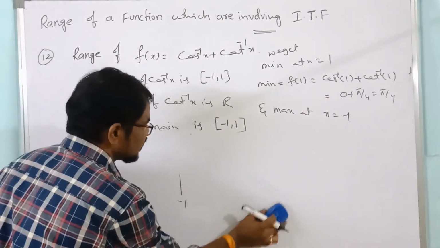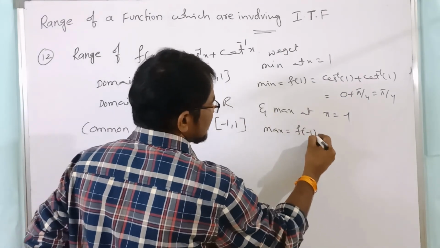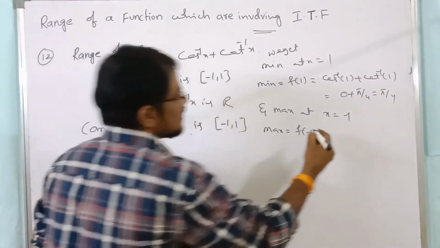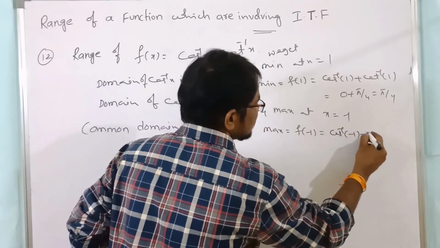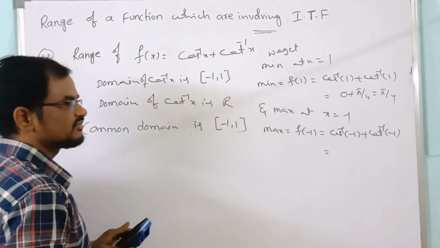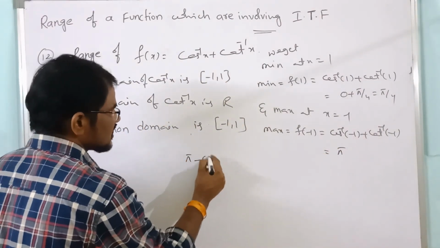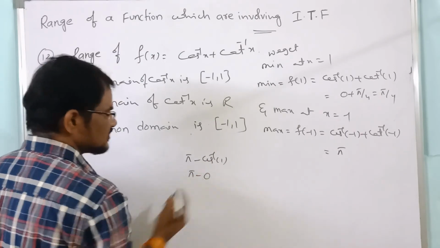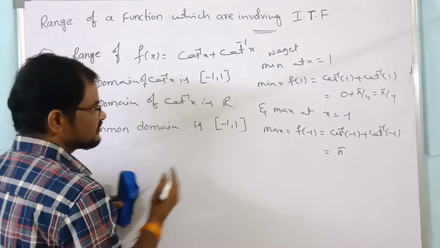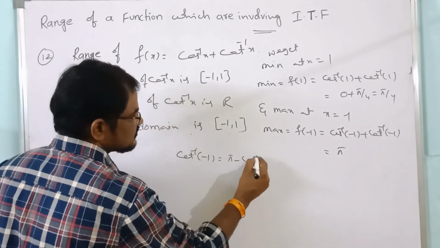And now the maximum value equal to f of minus 1 equal to cos inverse of minus 1 plus cot inverse of minus 1. Cos inverse of minus 1 is pi, nothing but pi minus cos inverse of 1. So pi minus 0. Next, cot inverse of minus 1. Cot inverse of minus 1 is pi minus cot inverse of 1.